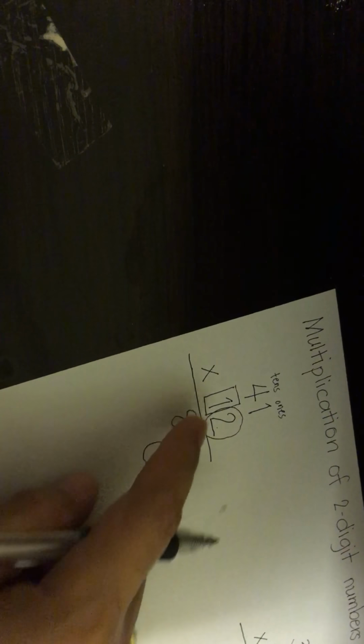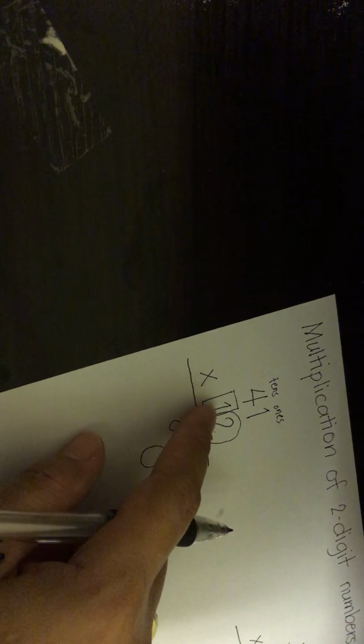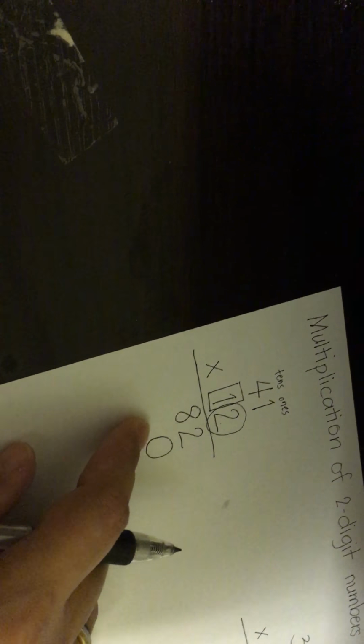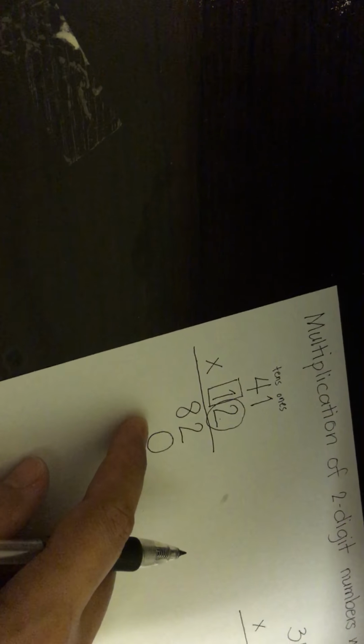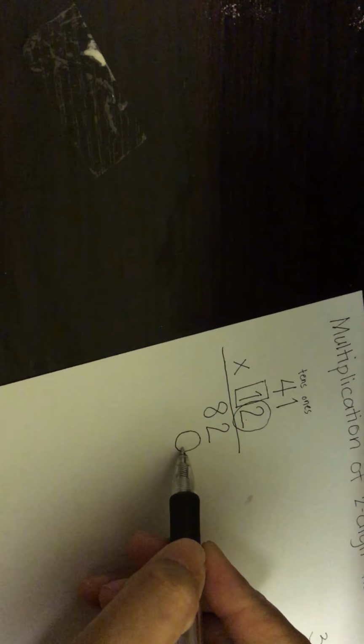Because we're already in the tens, the multiplication should start on the tens place value. After we put 0 on the ones digit, we multiply 1 by 1 and 1 by 4.